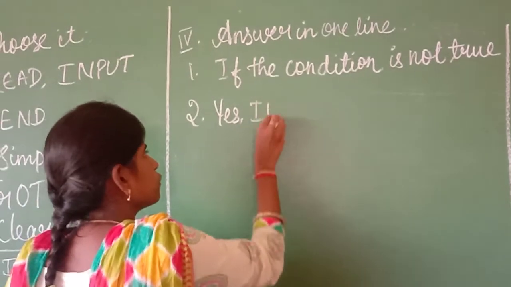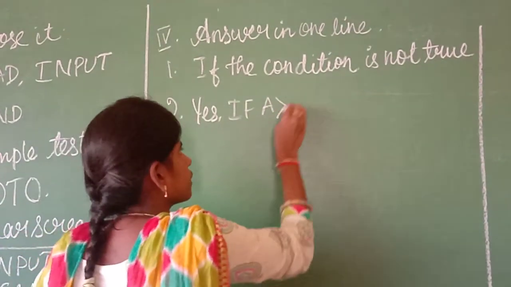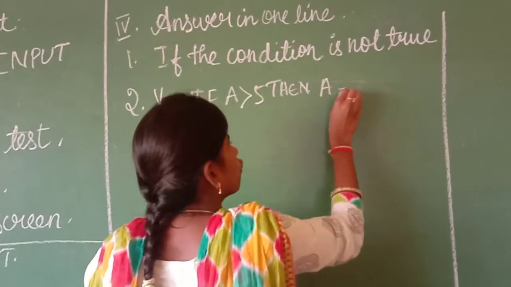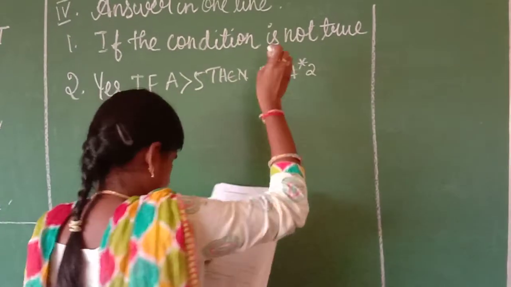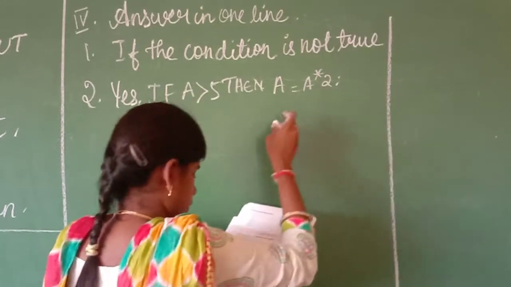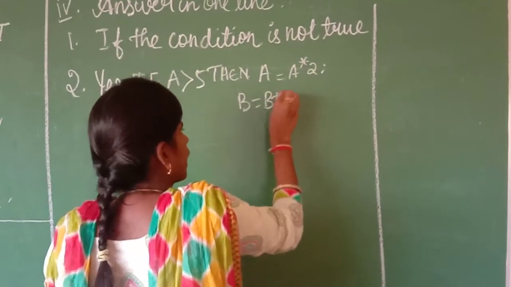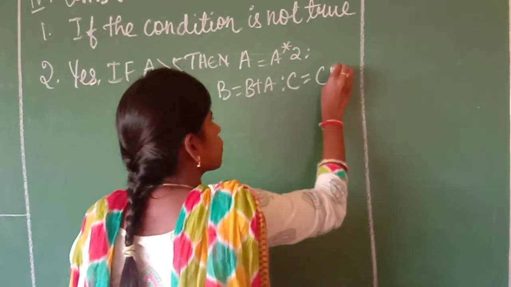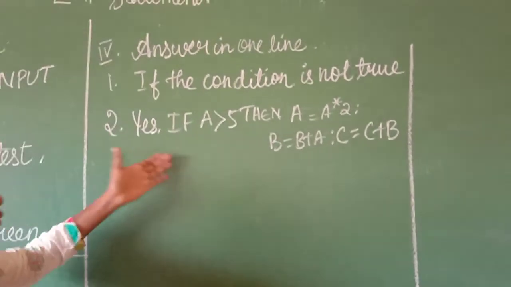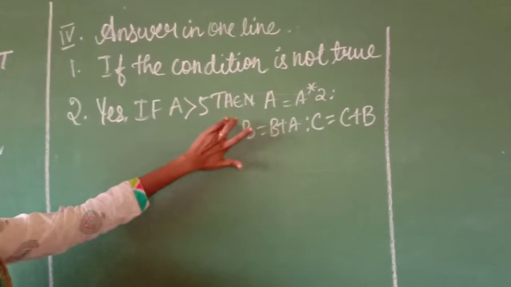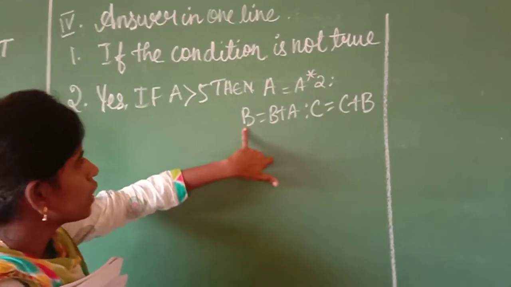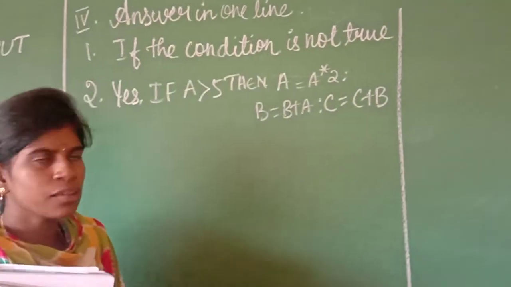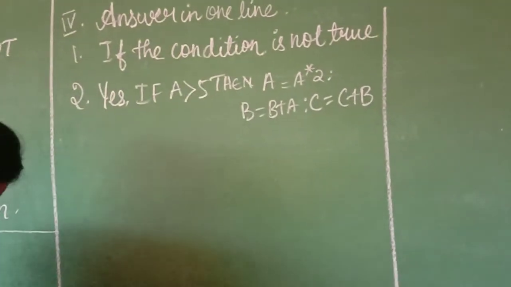If A greater than 5, then A equal to A asterisk 2, colon, B equal to B plus A, and colon, C equal to C plus B. So in this format only we can write: if A is greater than 5, then A equal to A into 2, B equal to B plus A, you need to mention a colon, and again colon, C equal to C plus B. And next we are moving to the third question.